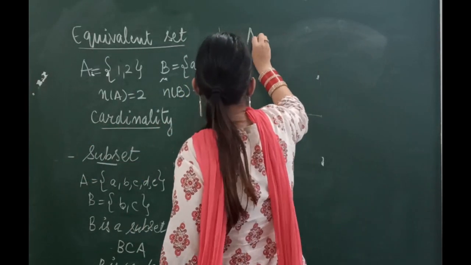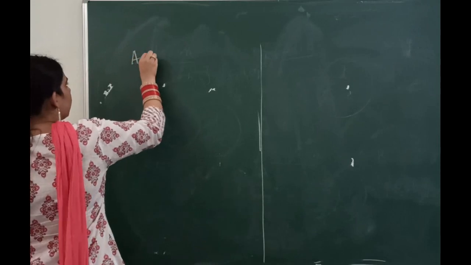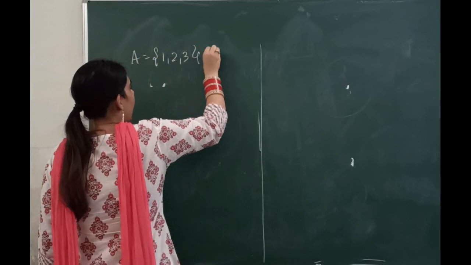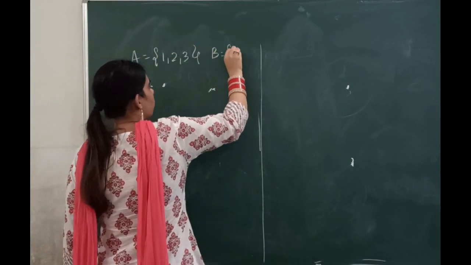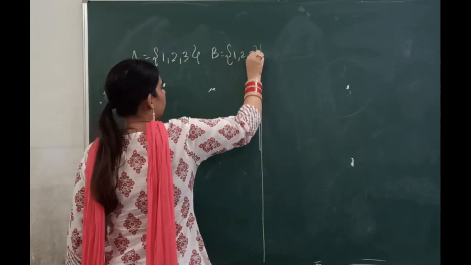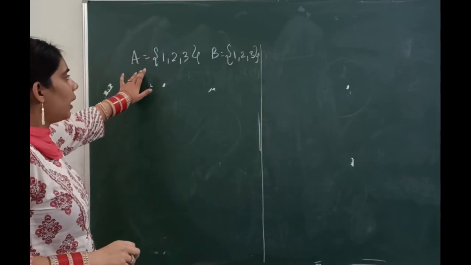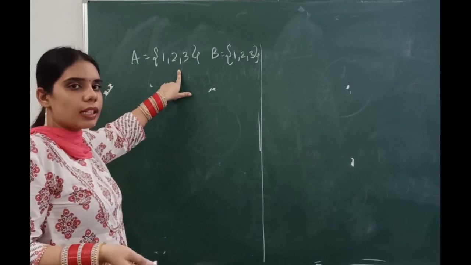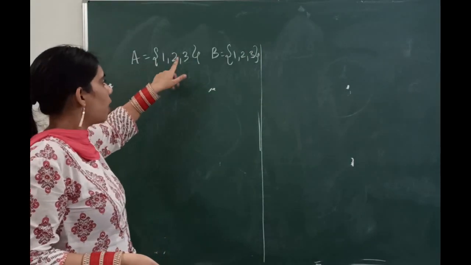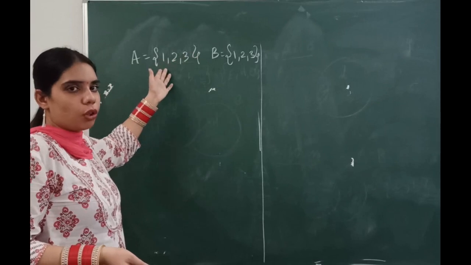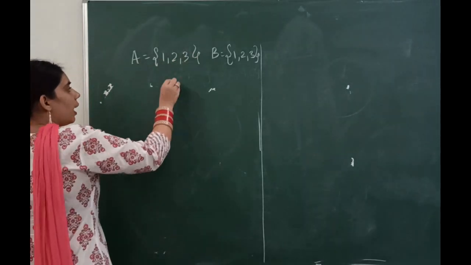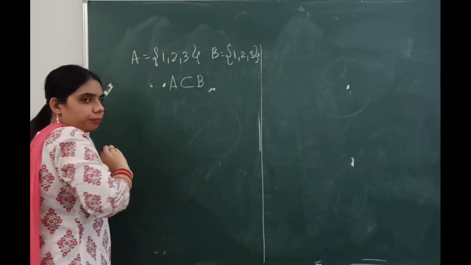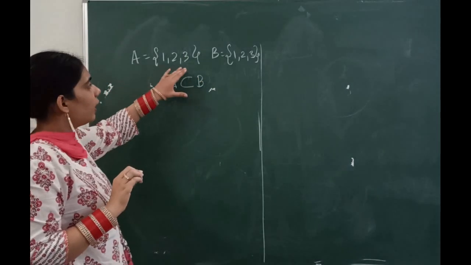Understood? Okay. Then there is another concept. For example, let us take a set A which contains 1, 2 and 3 and another set B which also contains 1, 2 and 3. We know that sets A and B are equal, and you have also learned in the last lecture that A is a subset of B as well as B is a subset of A. So I can write it as A is a subset of B, and we know that they are equal.